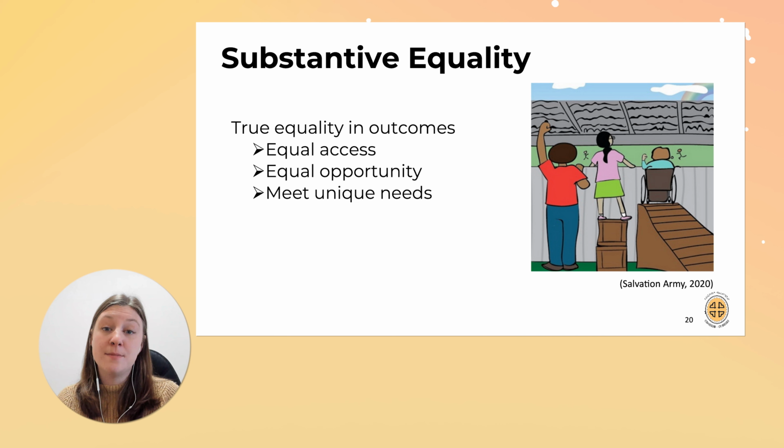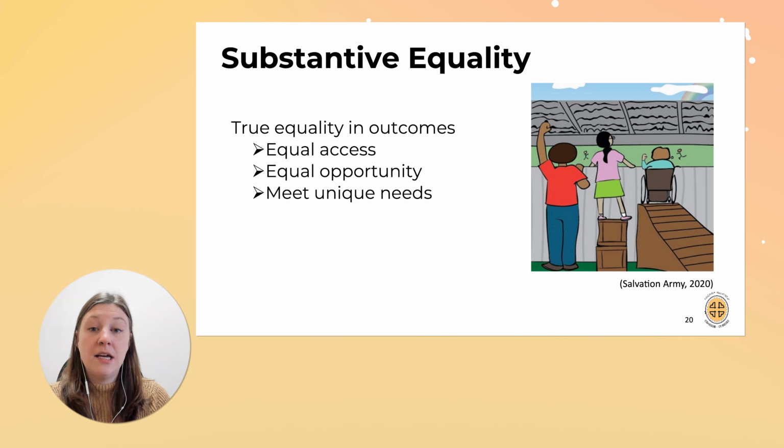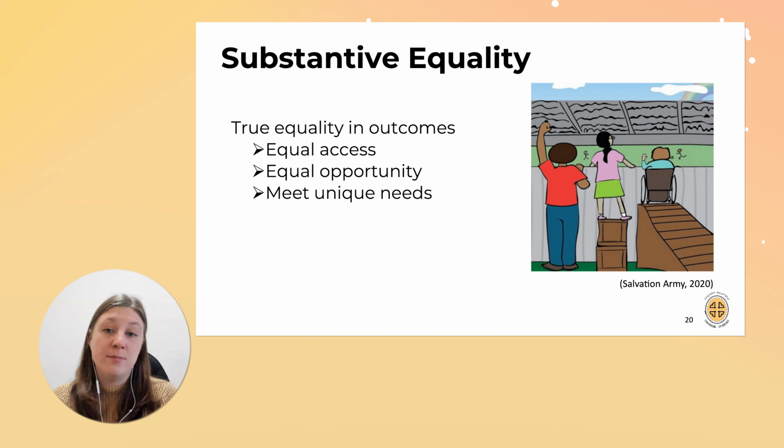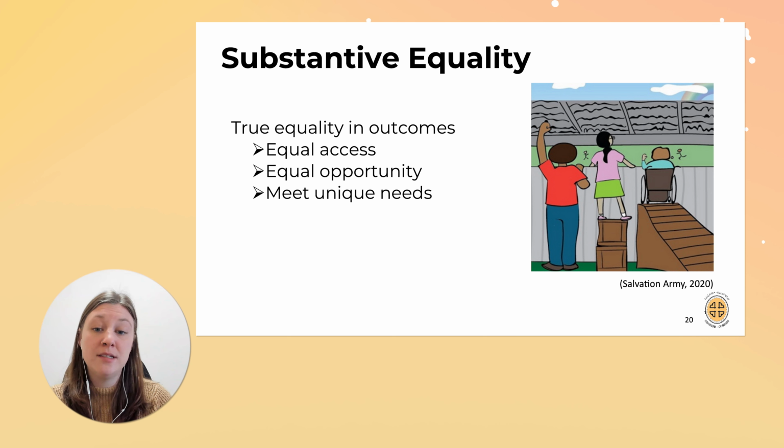So what is substantive equality? It's basically a legal principle, but beyond that, it refers to the achievement of true equality in outcomes. So true equality in outcomes recognizes that we don't all start off in the same position in life, and that these unequal opportunities sometimes make it more difficult for some to reach the same goals and outcomes as others.